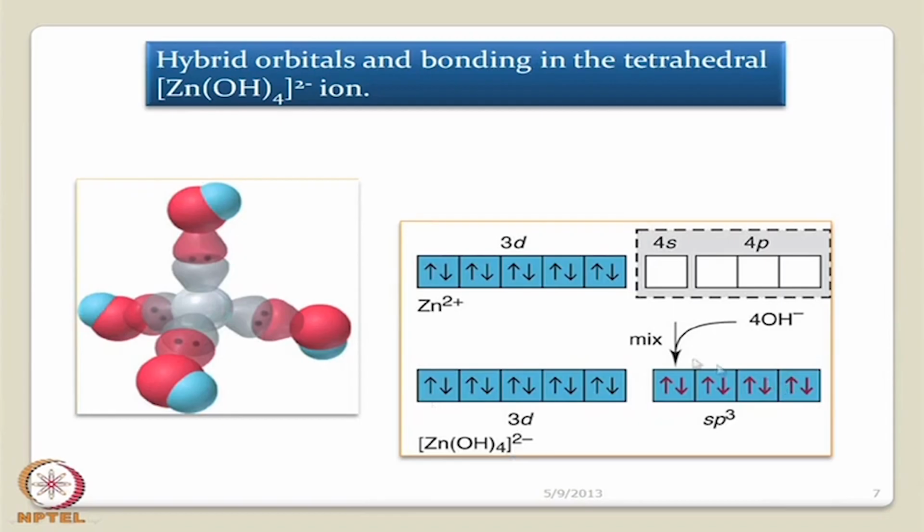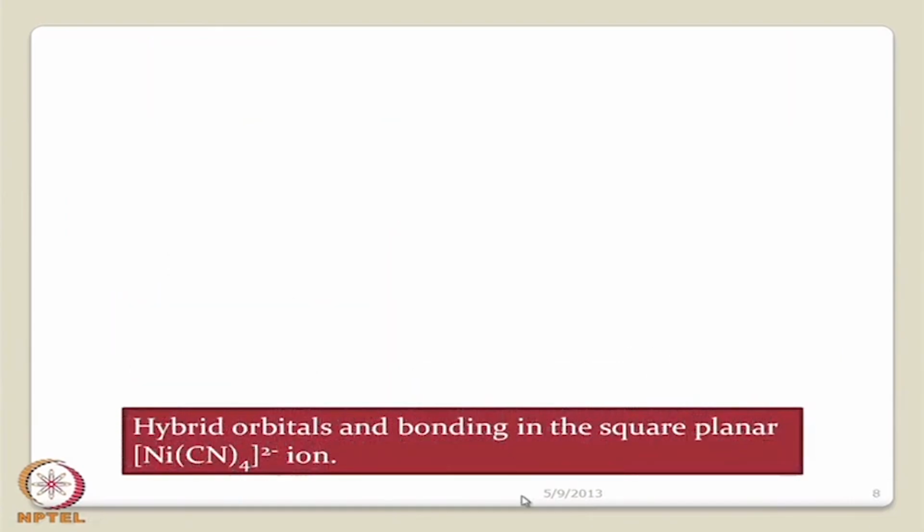So this is a diamagnetic compound like the free zinc ion, that means the zinc salt what we can use, the zinc chloride or zinc sulfate, which is also diamagnetic. So after this type of anionic complex formation, it remains in the diamagnetic state in Zn(OH)4 2-. So we just have seen the tetracyanonickelate hybrid orbitals and the bonding in the square planar geometry.